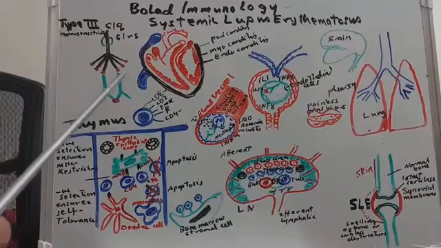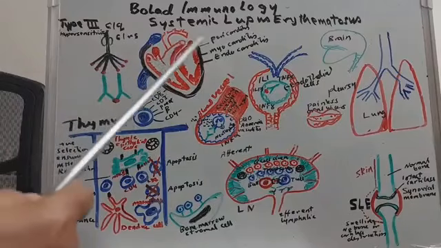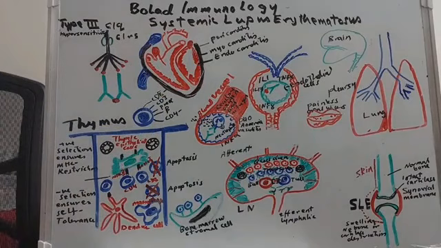It binds to the immune complex, and this will initiate a cascade of activation and lead to formation of the membrane attack complex and anaphylatoxins. Anaphylatoxins are the short fragments of complement components 3, 4, and 5. And actually this will lead to inflammation.